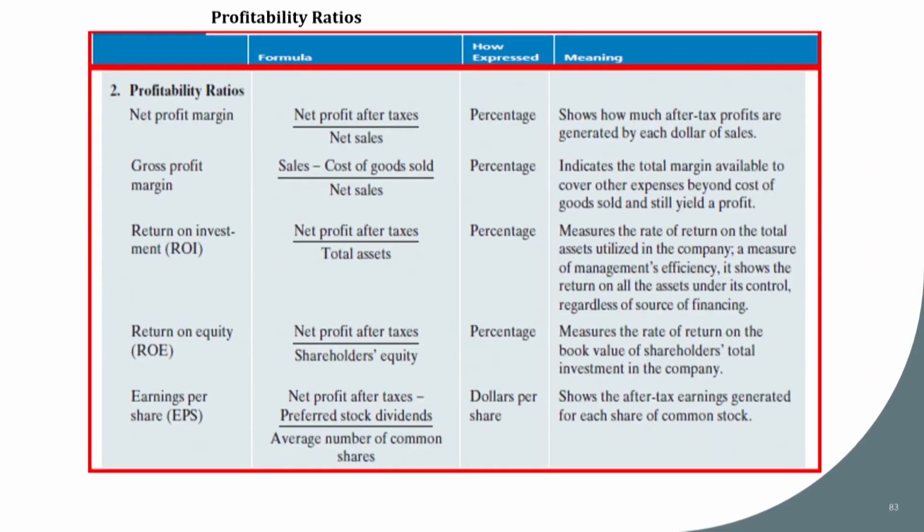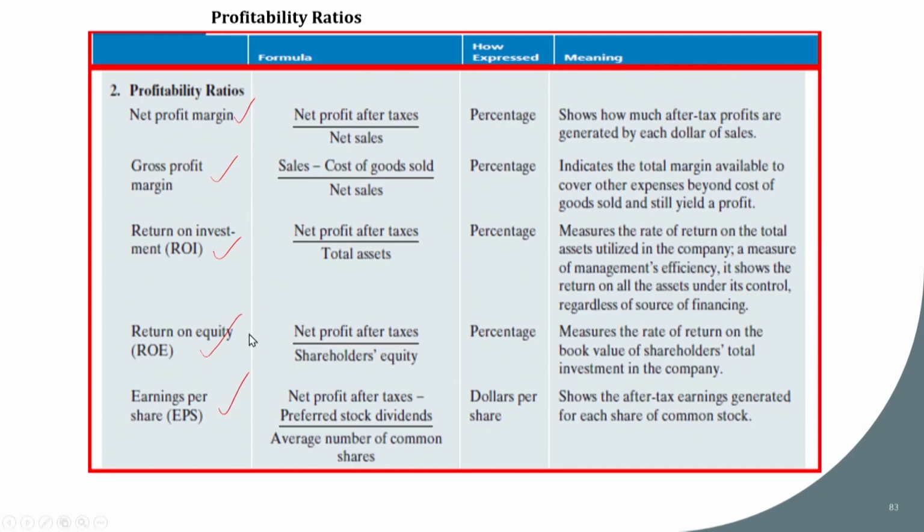So, we have several ratios coming under the profitability ratios. This assesses how efficiently revenue turns into profit. So, you can see here the net profit margin, gross profit margin, return on investment, shortly ROI, and then ROE and earnings per share.